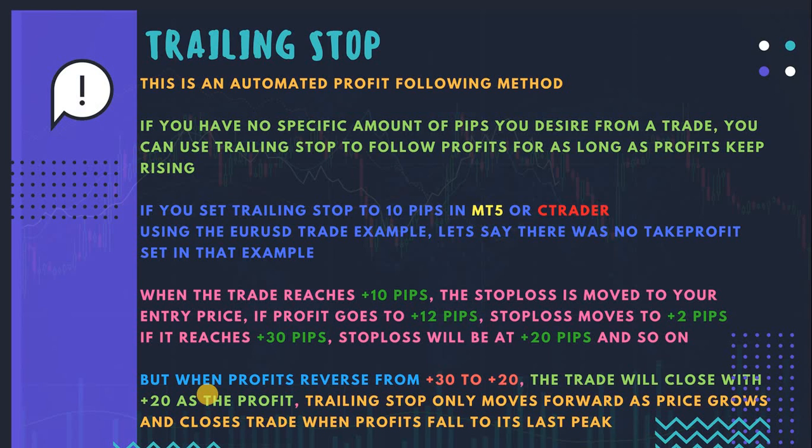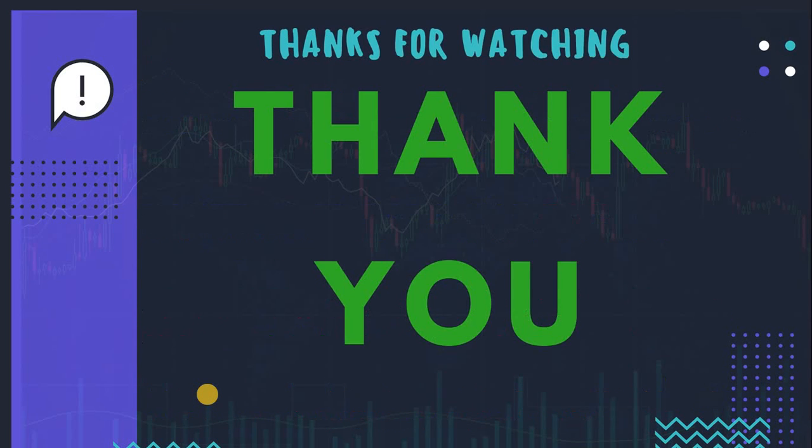But when profits reverse by 10 pips, for example, it's at 55 and it drops to 45, your trade will close with 45 pips profit. When profits reverse by the set number that you used as your trailing stop, that's when the trade will be closed. Trailing stop only moves forward as price grows and closes when profits fall from the last peak.